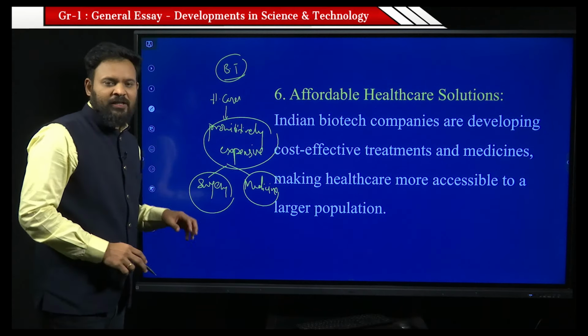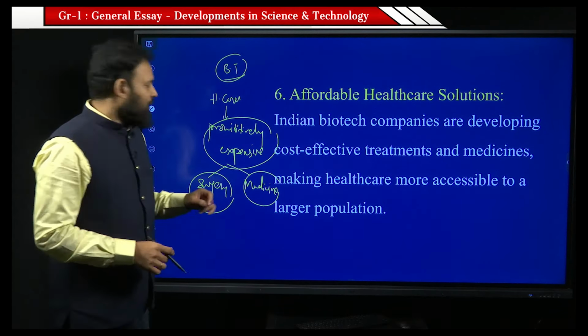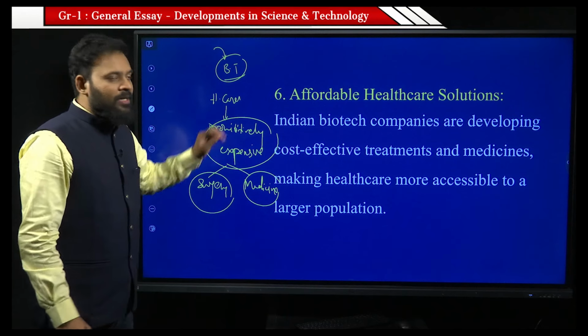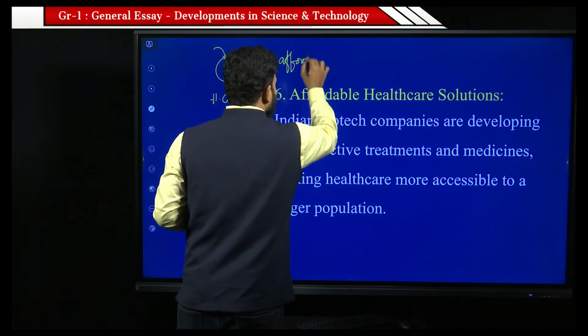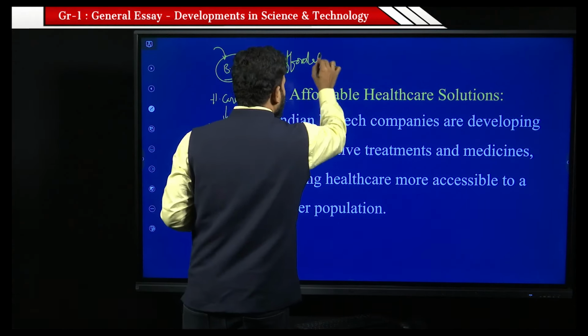But because of the developments that are happening in biotechnology, they are creating affordable solutions. Now your diagnosis is becoming cheap, your medicine is becoming cheap. Because of developments in biotechnology, healthcare itself is becoming affordable.